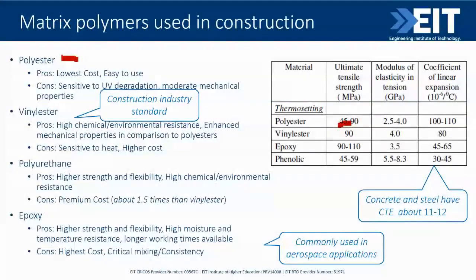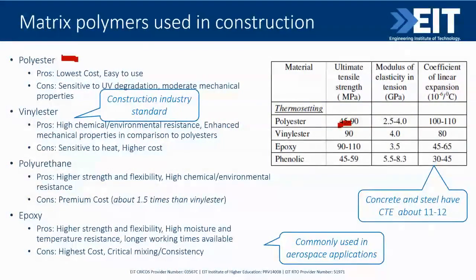The next one is vinyl ester, which has higher chemical and environmental resistance. Mechanical properties are better than the polyester. We can see here increased ultimate strength already to 90 megapascal.